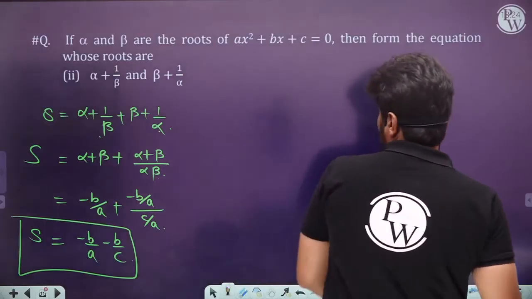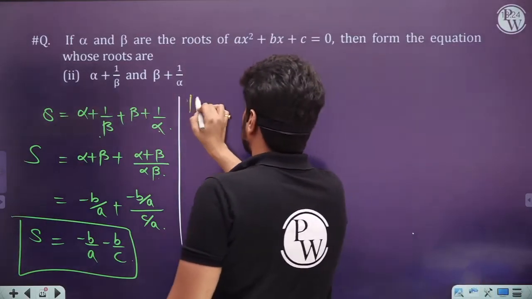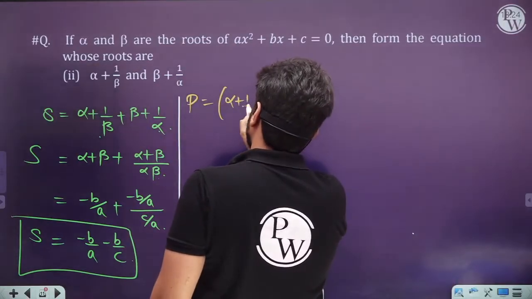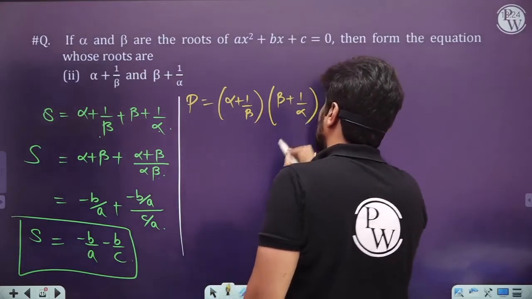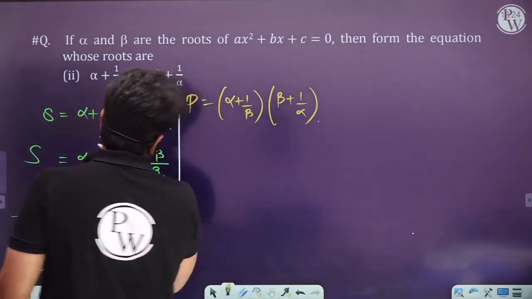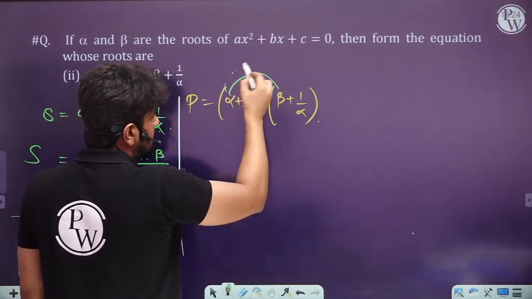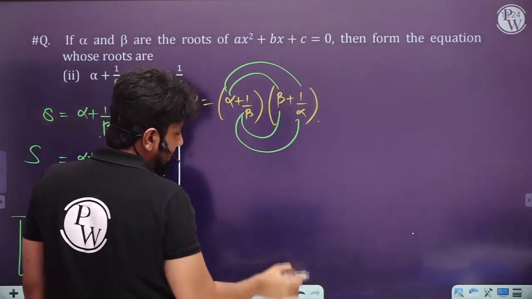Now let's talk about the product of the roots. The product of these two roots is going to be alpha plus 1 by beta multiplied by beta plus 1 by alpha. Now multiply these two. What do we get? Alpha into beta, alpha into 1 by alpha, 1 by beta into beta, 1 by beta into 1 by alpha.